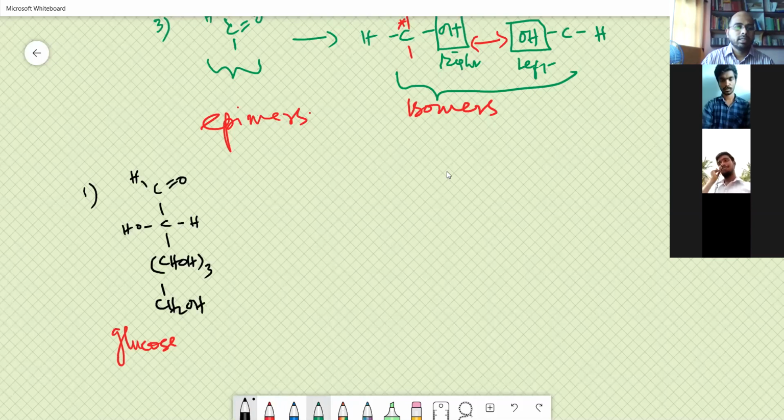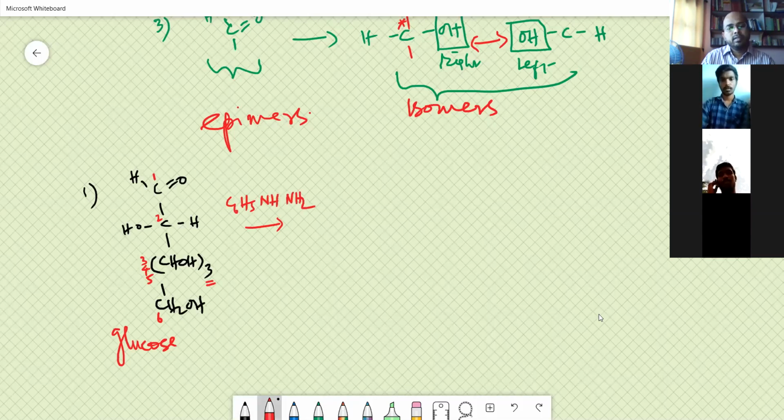I'll number the carbon atoms also: 1, 2, 3, 4, 5, and this one is the 6th carbon atom. When you have this numbering, it becomes easier to analyze. Now this is treated with C6H5NHNH2, phenylhydrazine.